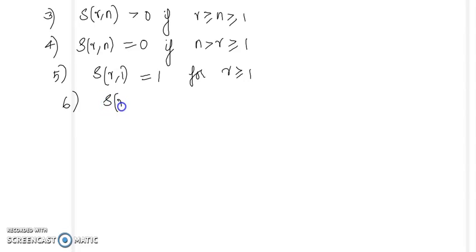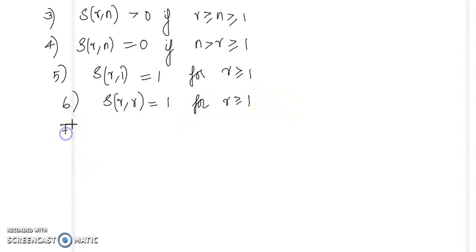And again S of r, r. This is the number of ways of distributing r objects to r identical boxes. So each box must be non-empty. So every box will have exactly one object. So this can be done only in one way. So for r greater than or equal to 1, S of r, r will be equal to 1.